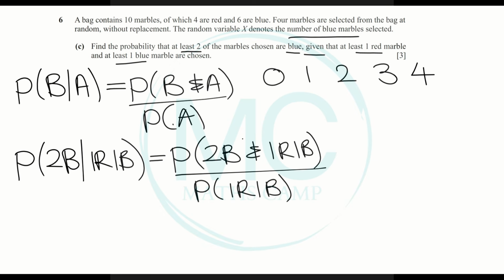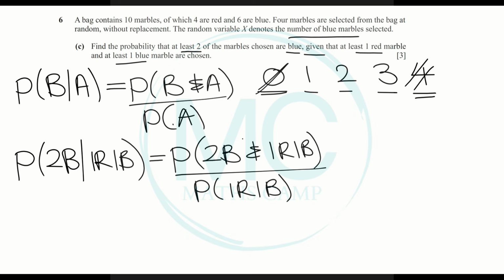If there is at least 1 blue marble, we cannot have 0 blue marbles. If we have at least 1 red marble, we cannot have all 4 marbles that are blue. This means that if at least 1 marble is red and at least 1 is blue, we can have 1 blue marble or 2 blue marbles or 3 blue marbles.